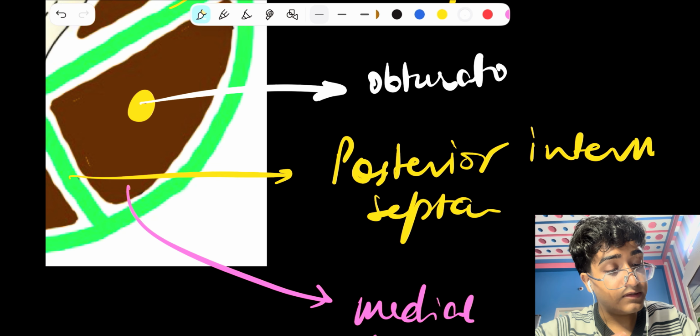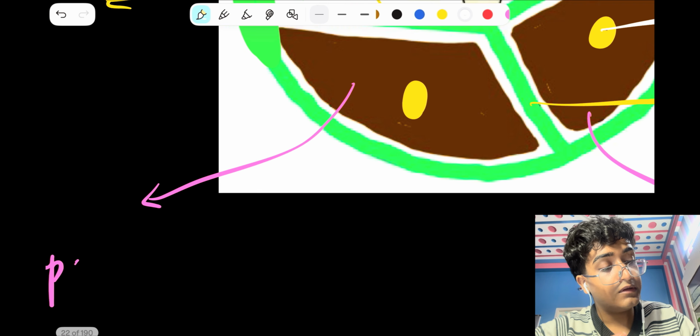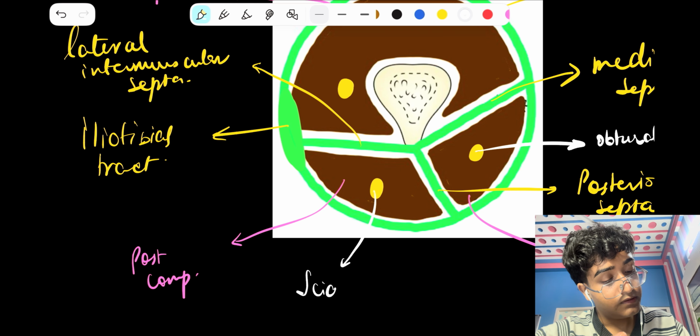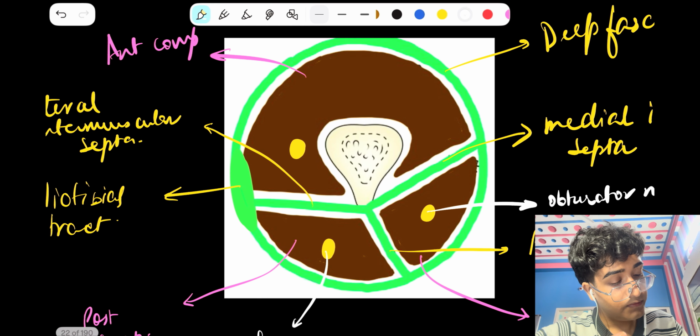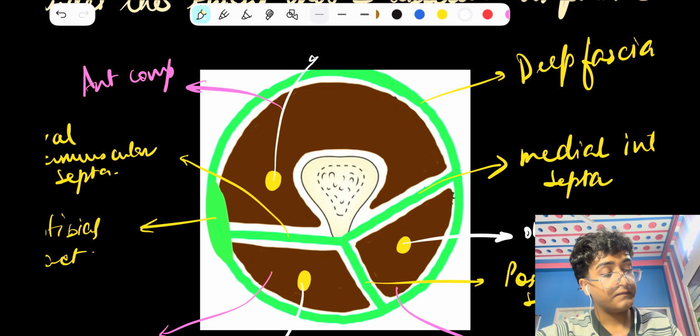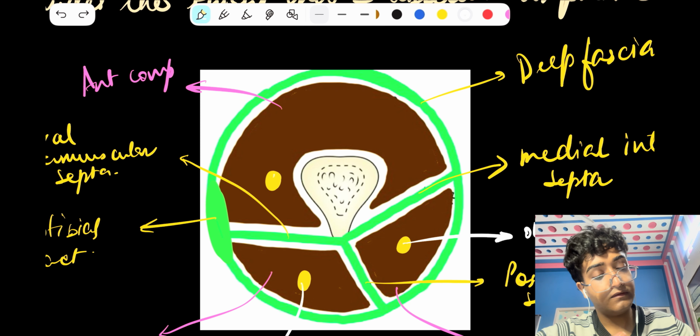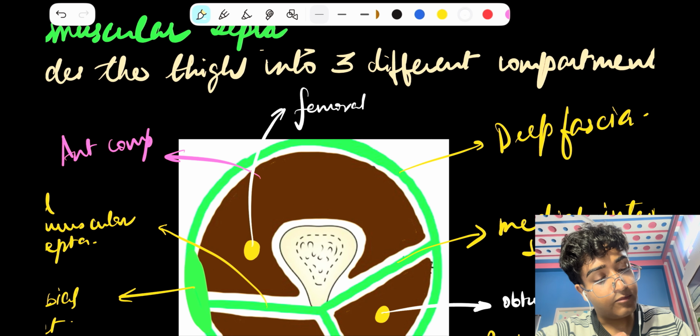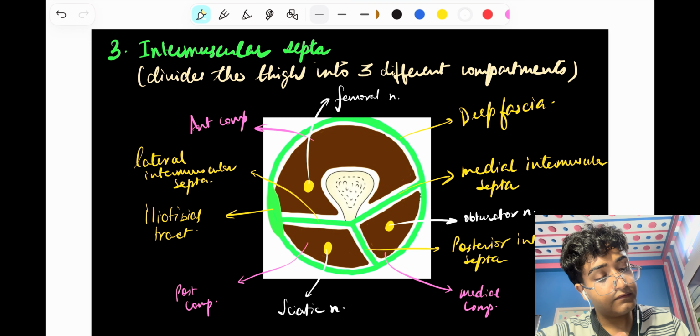This is the obturator nerve, this is the sciatic nerve, and this is the femoral nerve.